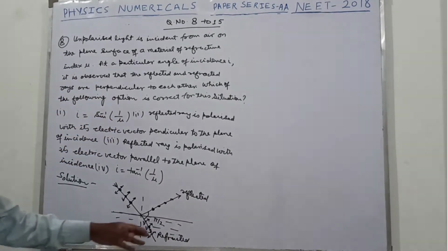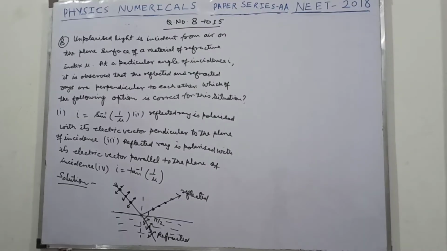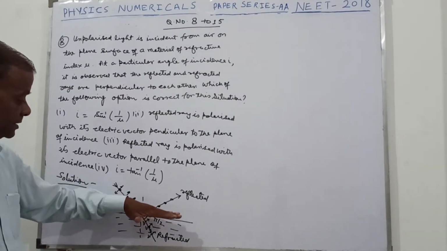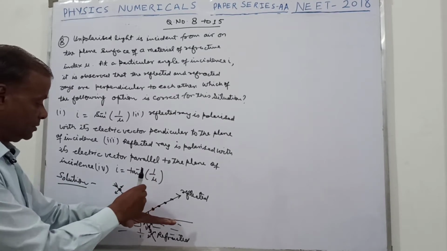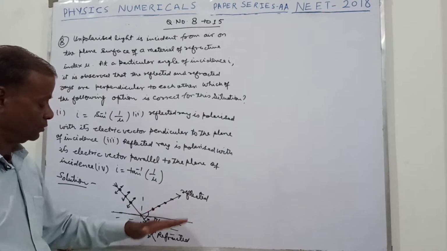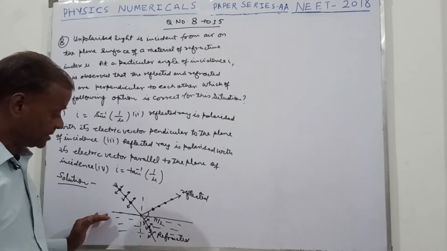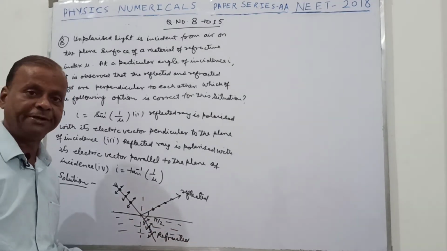Then you can see that the reflected ray contains those vibrations which are perpendicular to the plane of incidence. So it contains only those vibrations perpendicular to the plane of incidence, and the refracted ray contains the vibrations parallel to the plane of incidence, because those will pass through the medium.